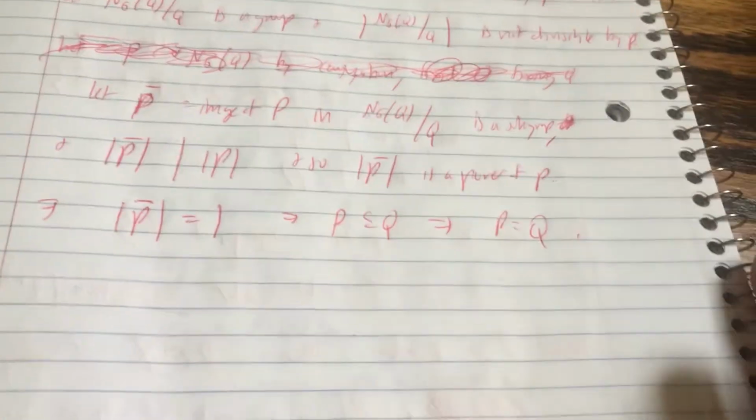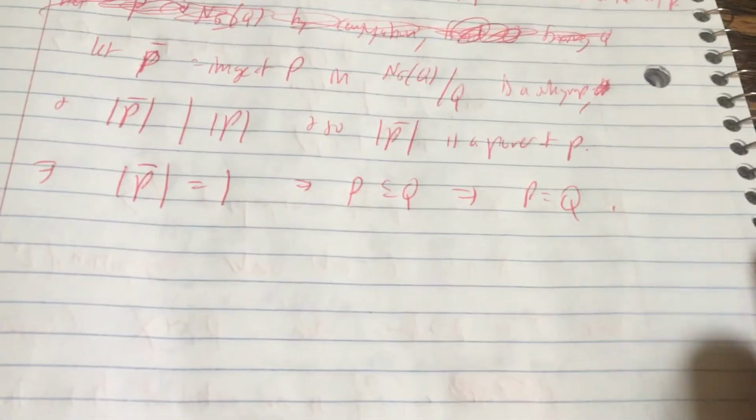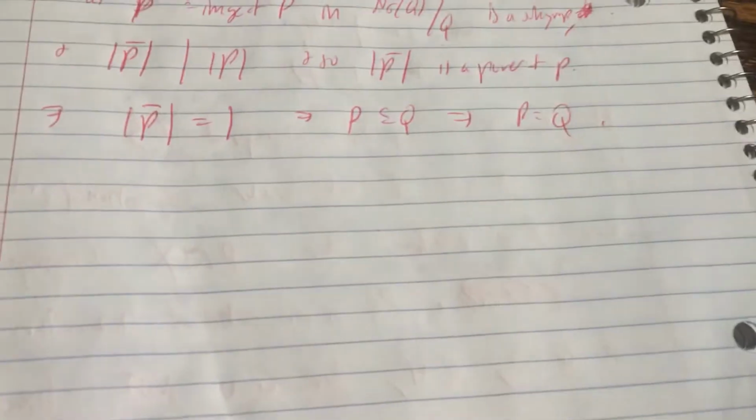Okay, so let's return to the big thing we're trying to prove, something about the size of the family of P-Sylow subgroups. So what did we show? We showed that if you take this orbit decomposition under the action of P, you get a single fixed point and then a bunch of non-fixed orbits.